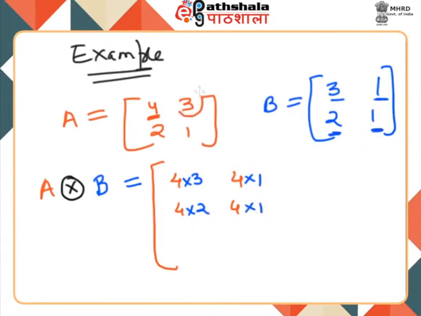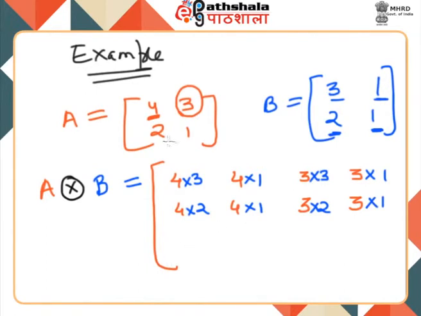Now let us take this element, which is 3 for the matrix A, so we write 3 here, here, here and here, and now this is being multiplied by all these 4 one by one, that is 3 multiplied by 3, 3 multiplied by 1, 3 multiplied by 2 and 3 multiplied by 1.